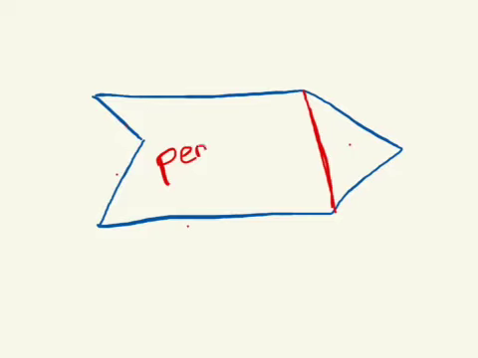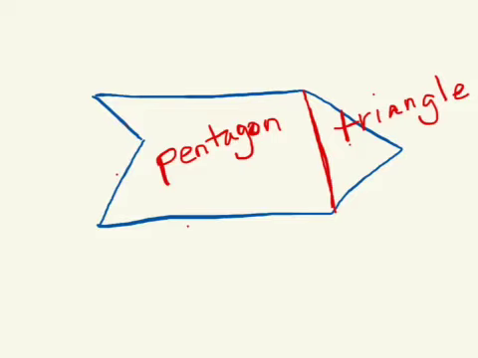So this would be a pentagon. I could put a pentagon together with a triangle and make this arrow. So that's how I could separate it or combine it.